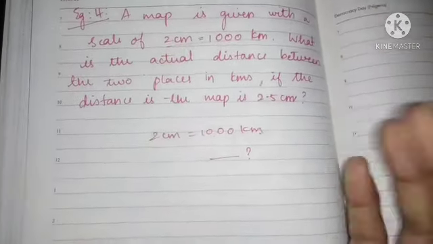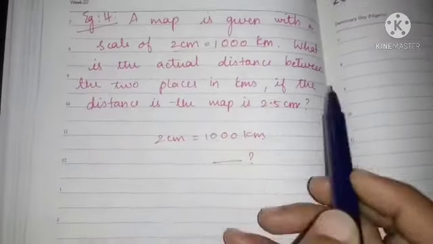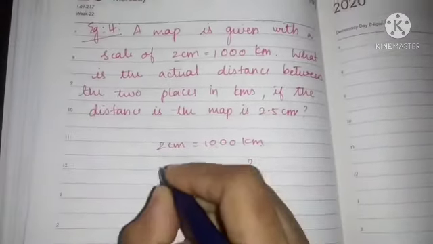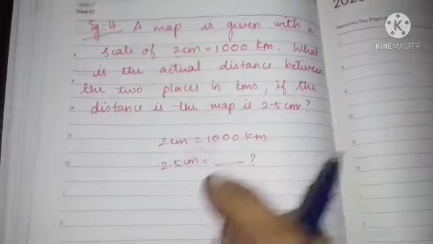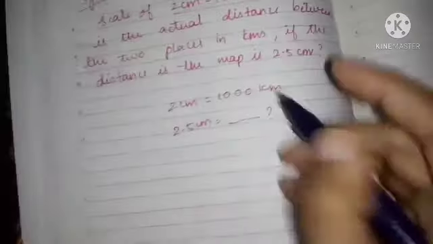What is the actual distance between two places in kilometers if the distance on the map is 2.5 centimeters? Actually, kilometer is distance, right? So when it is 2.5 centimeters, what is the distance in kilometers?